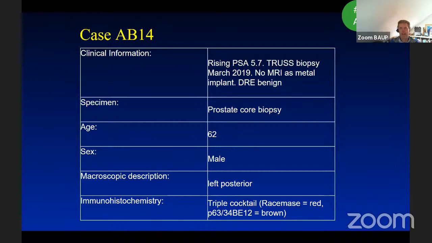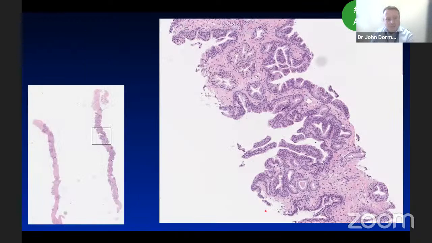Okay, thank you. So case AB14, a prostate biopsy from a 62-year-old man. He hadn't had an MRI, and we were given a triple cocktail again to look at for the immuno. So this is the area of most atypia here.